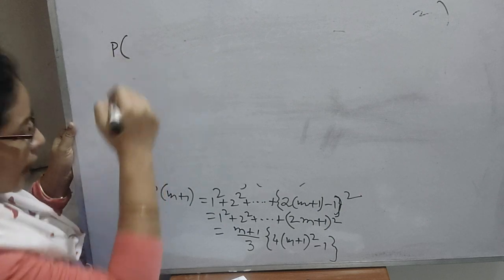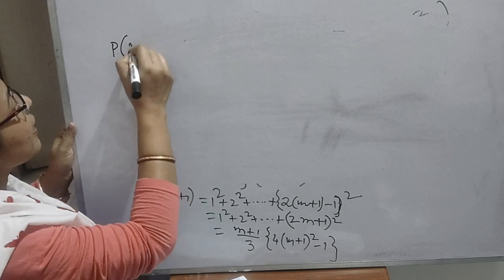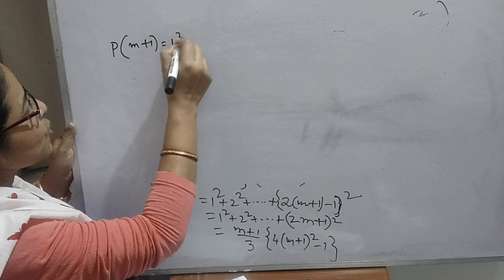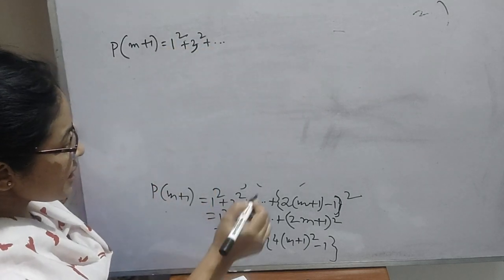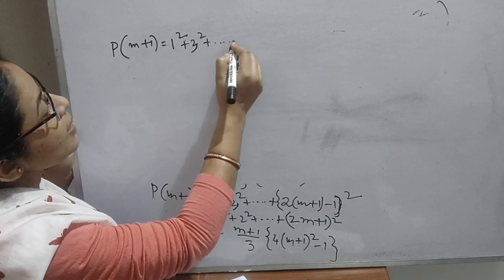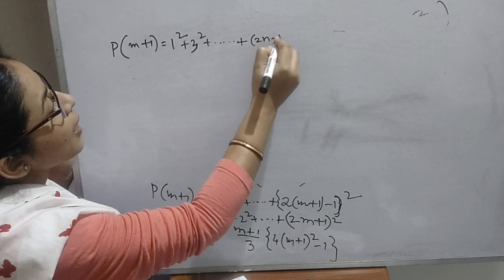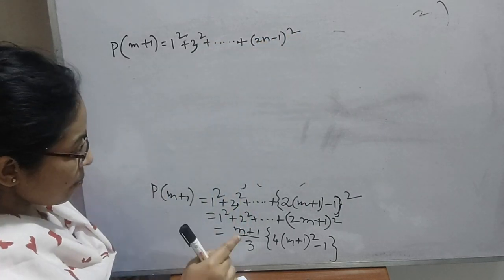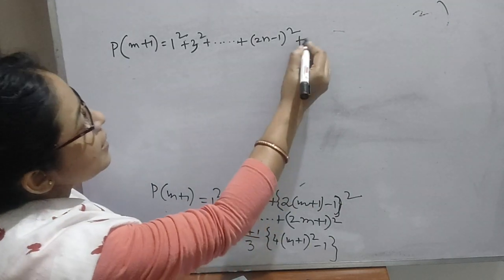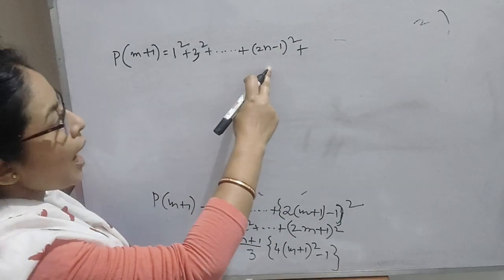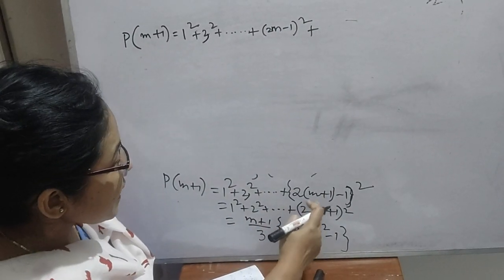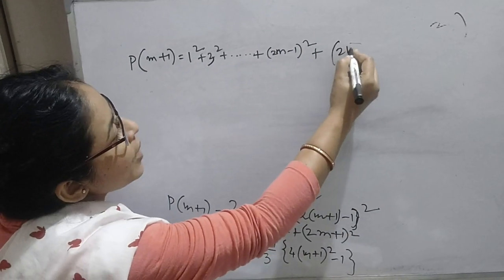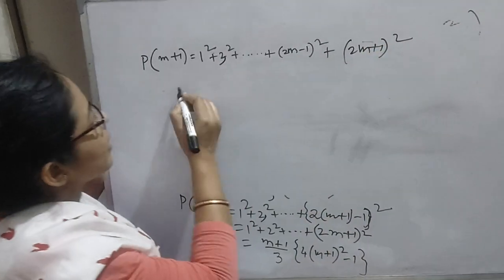So I can write Pm plus 1 equal to 1 square plus 3 square up to (2m minus 1) whole square, plus the (m plus 1)th term, that means (2m plus 1) whole square.